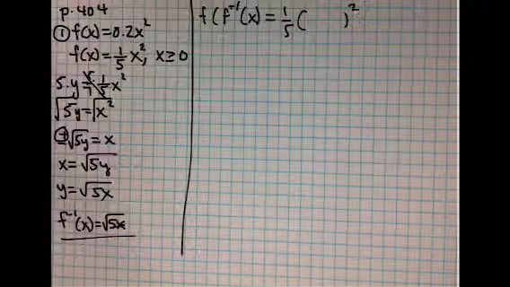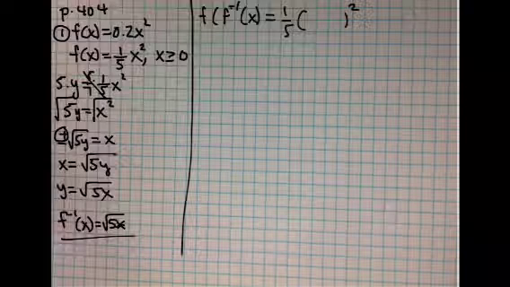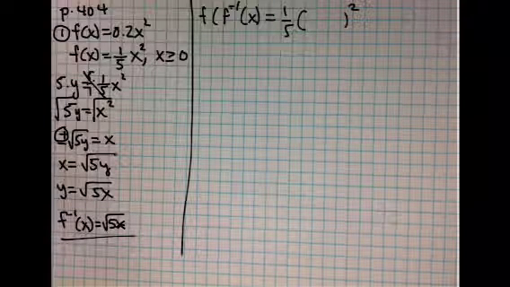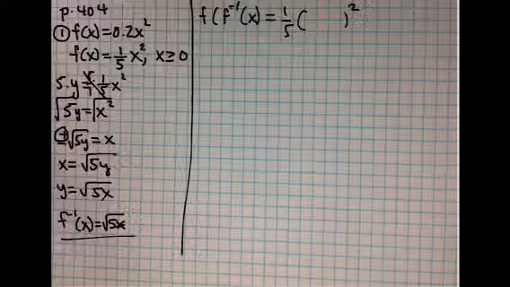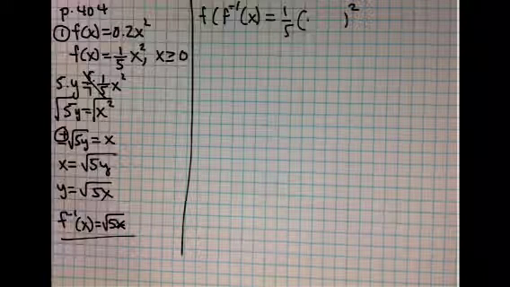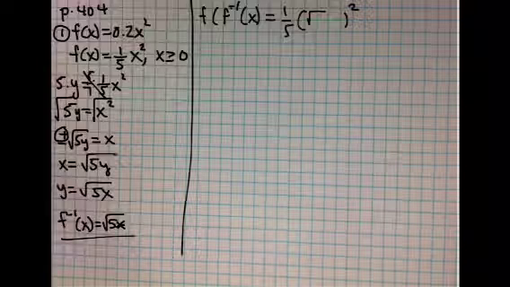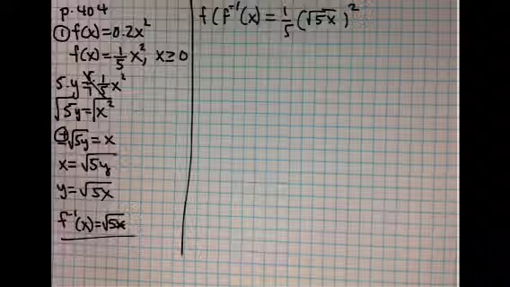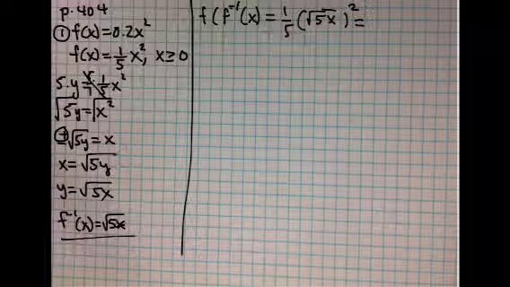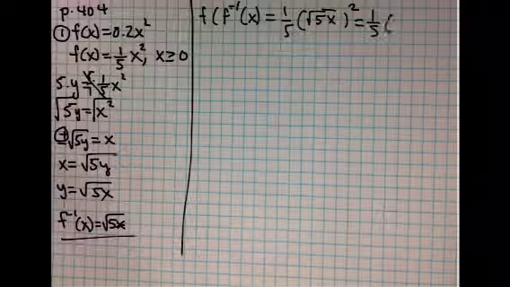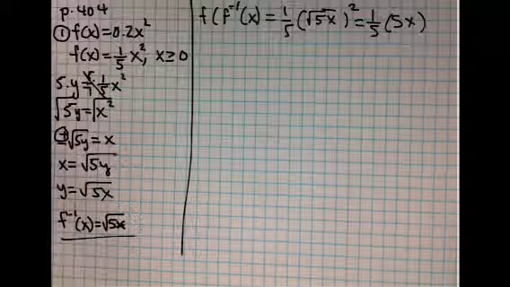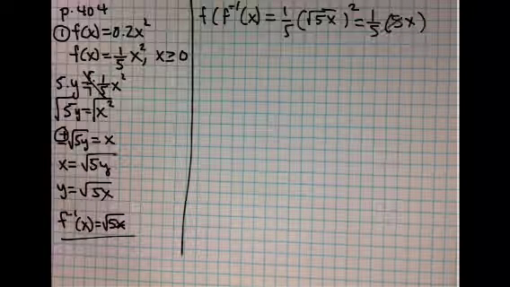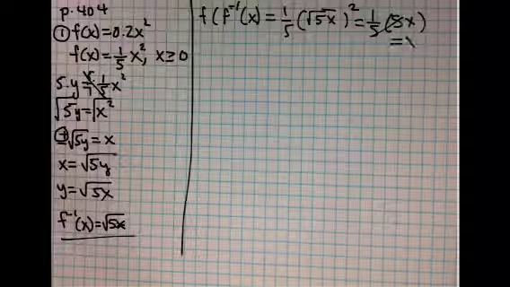And in the parentheses, because this is the function f of x, 1/5 x squared, in place of x I'm going to put the square root of 5x. And remember, when you square a square root, you get rid of the radical. So this becomes 1/5 times 5x. So 5 times 1/5 is 1. So this gives you x.